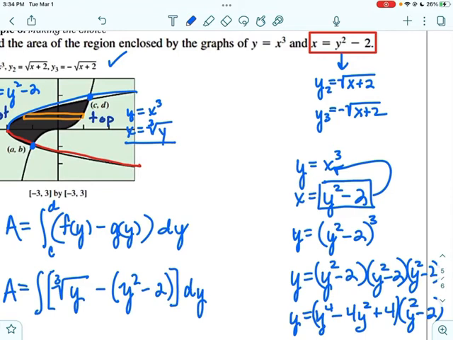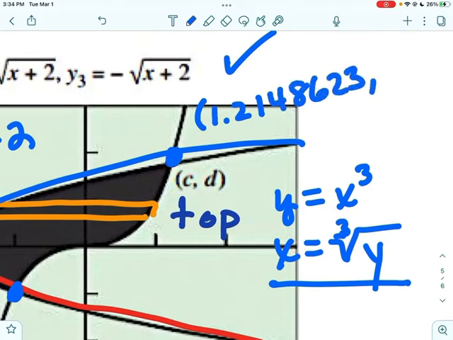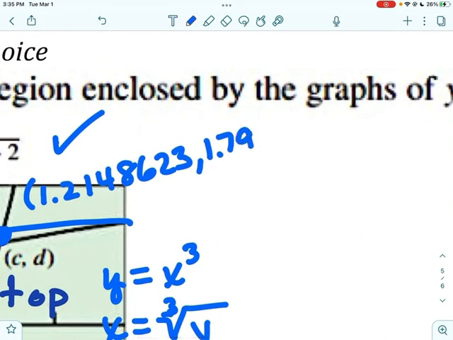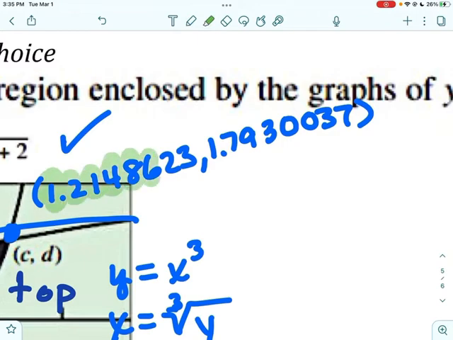And it looks like I get 1.2148648623. Boy, this is fun. 1.79300 30037. Okay, so there is one point of intersection. Careful which value you use.